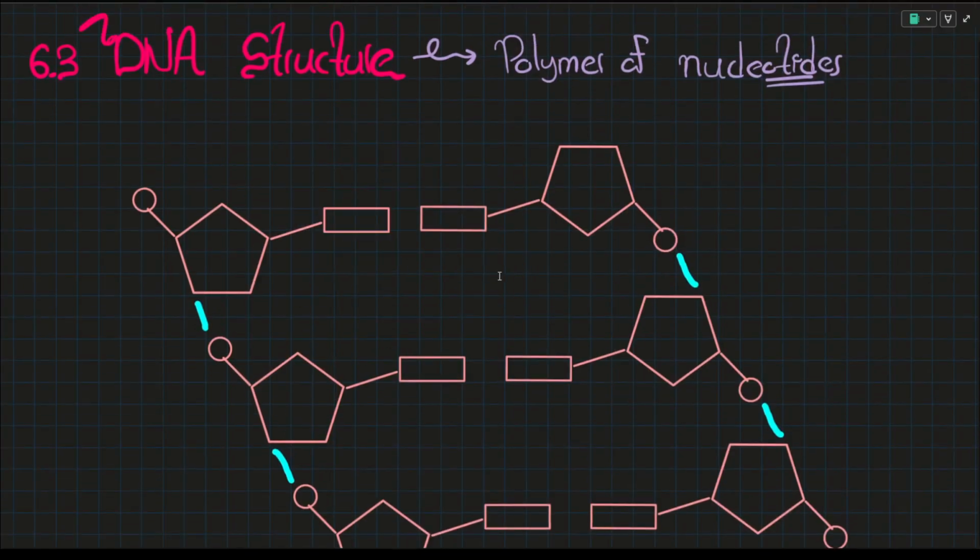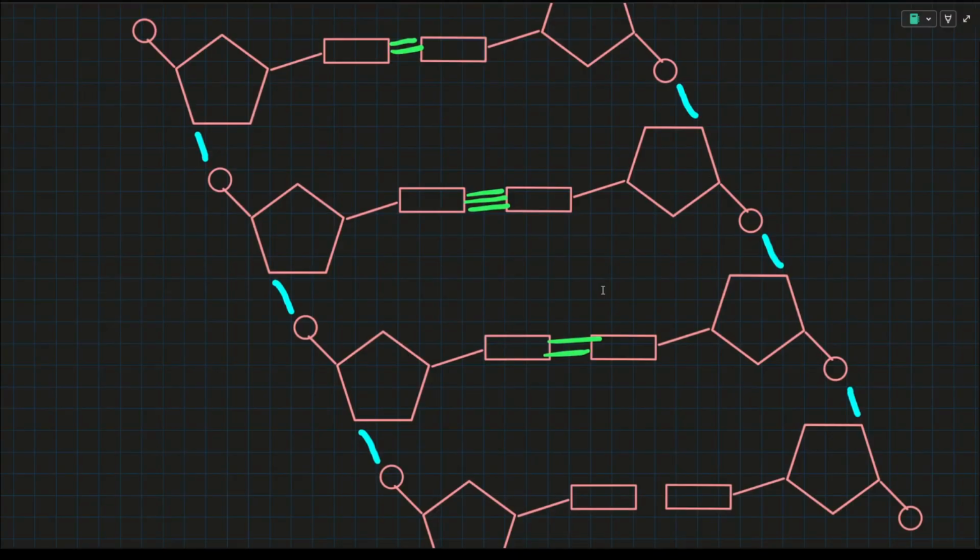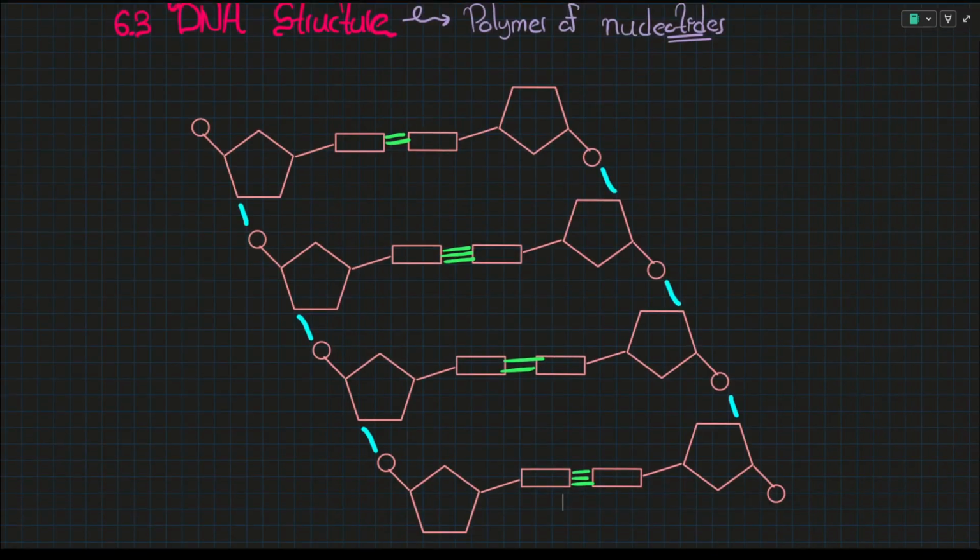This is a nitrogenous base, this is a nitrogenous base, and between those nitrogenous bases, I'm going to have some form of bond. I won't tell you what exactly these bonds are yet. I will talk about them in a bit, and I won't tell you why I have drawn 3 lines for certain parts and 2 lines for other parts. All that information will be given in a moment.